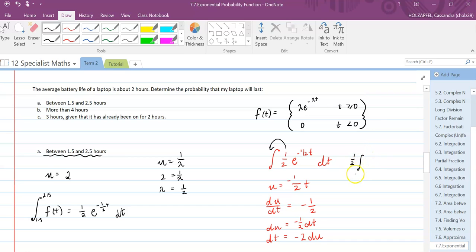So 1/2 of the integral of -2 times e to the power of u du. Now when we integrate this, it becomes 1/2 of -2 times e to the u, so this is going to become negative e to the u plus c, but I'm not going to put that plus c in for the minute.